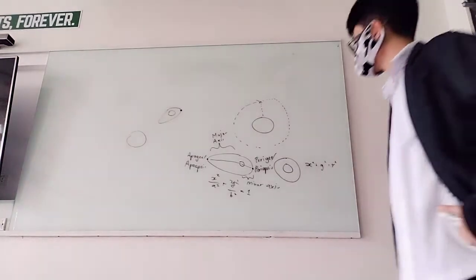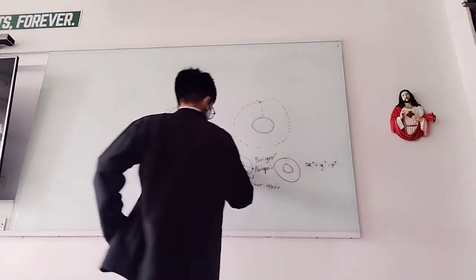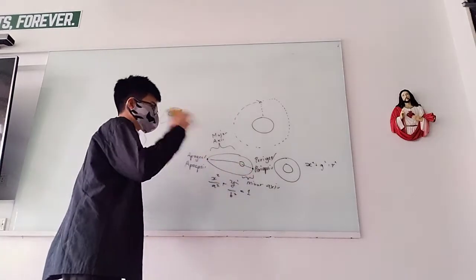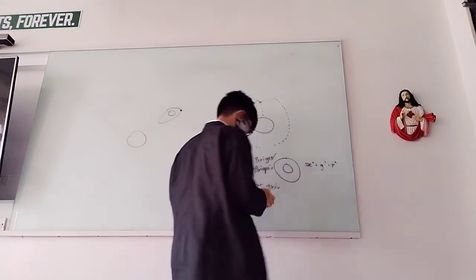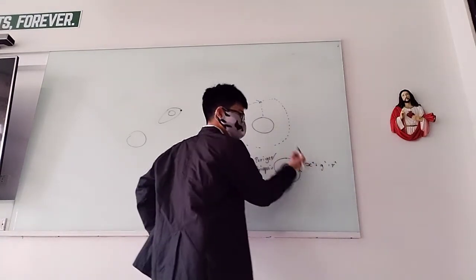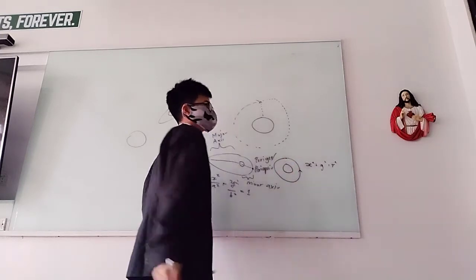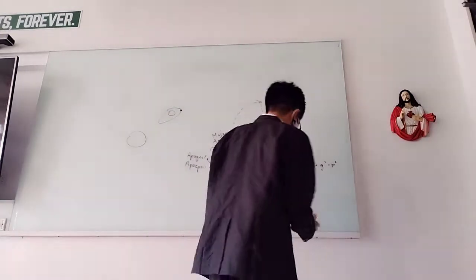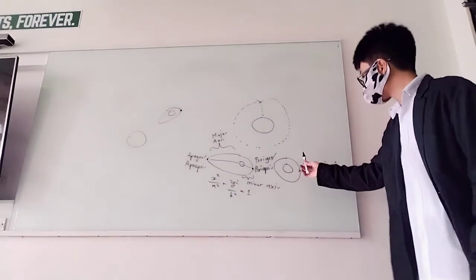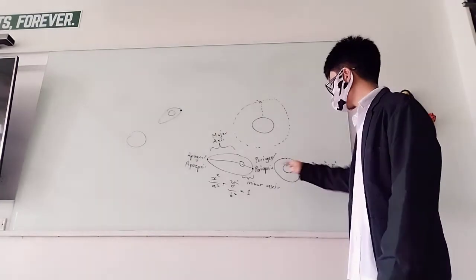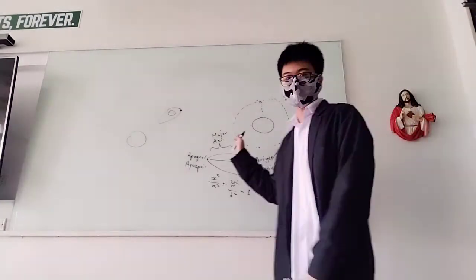Okay, what more is there to talk about in orbital mechanics? Here, at this point, you're at your fastest. Let's suppose your spacecraft is traveling in this direction in your orbit, and you want to extend your orbit or go faster.